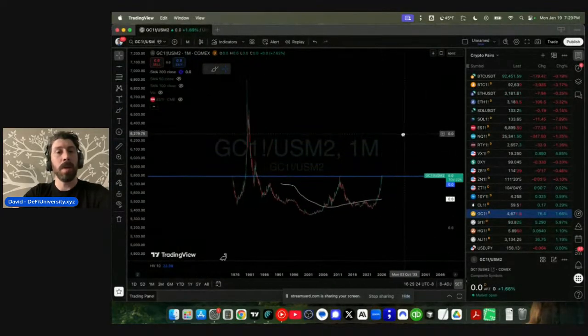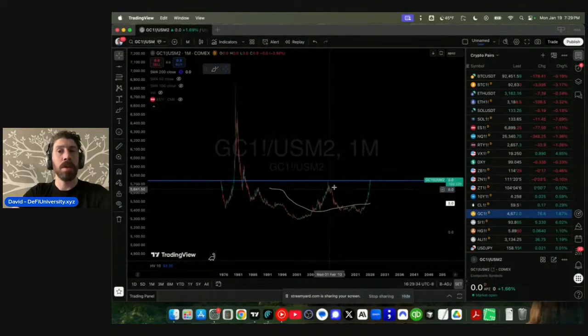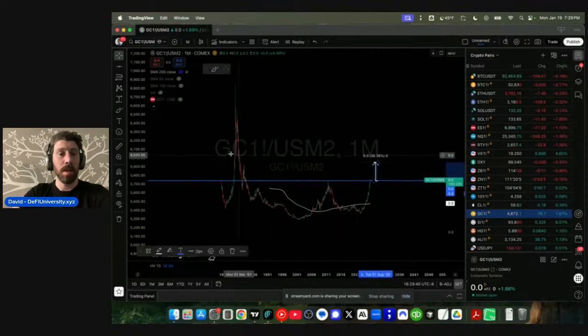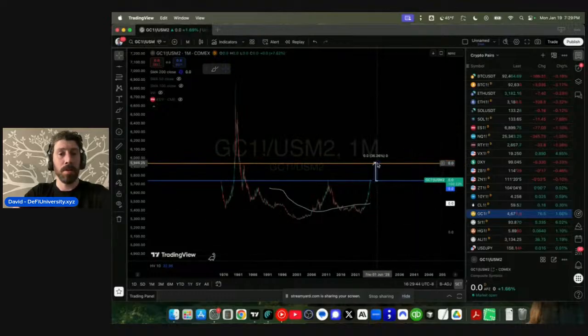And so when we zoom out to a monthly, what we see is, well, gold is really entering price discovery, kind of, sort of, right now. Now that gold has broken out above those 2011 highs, it looks like there is plenty more room to the upside. The next real level of resistance comes in another 35% higher. And if that were to break, then we're talking about all the way up here.